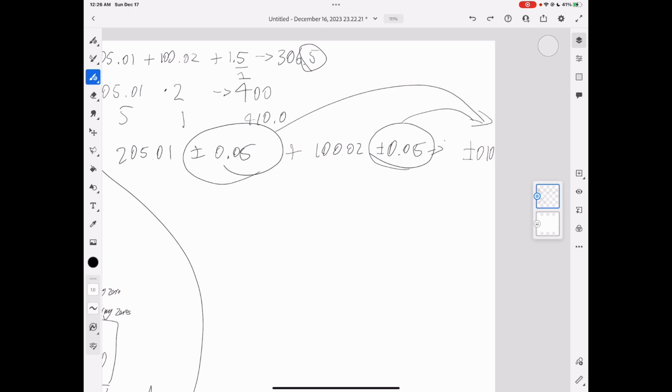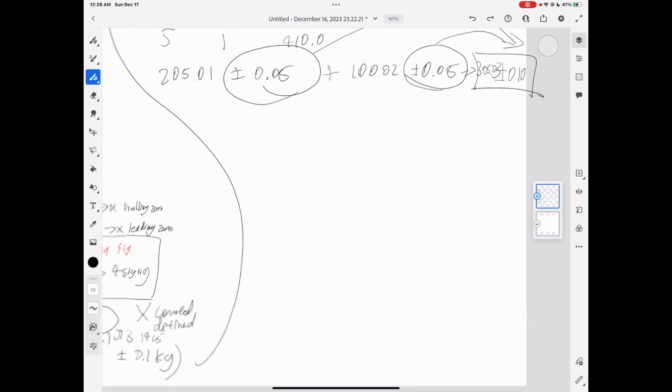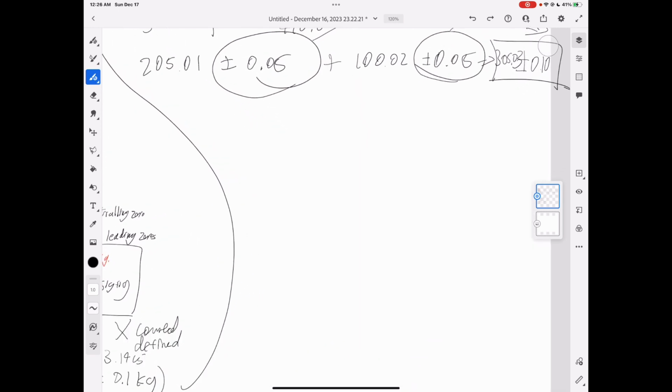So then we just put 305 point, let's see, 0.3. That's our final answer. So what happens if we multiply numbers with uncertainty? Well, there's 2 case scenarios.